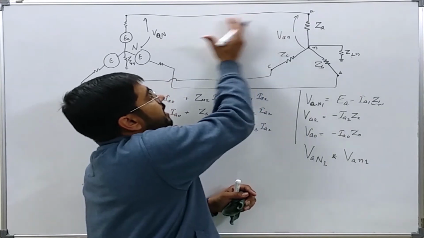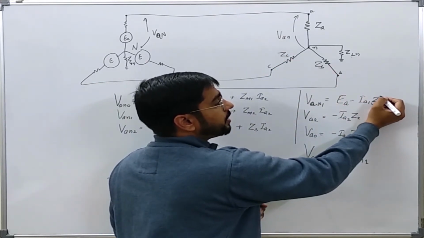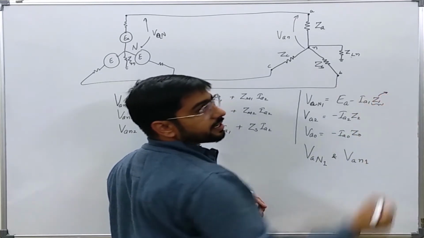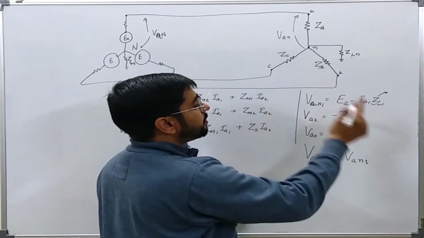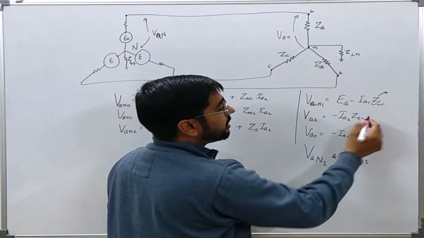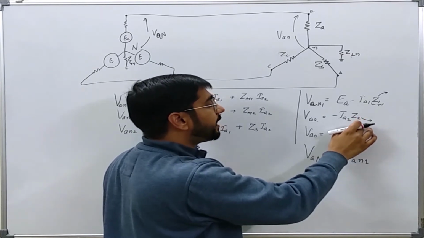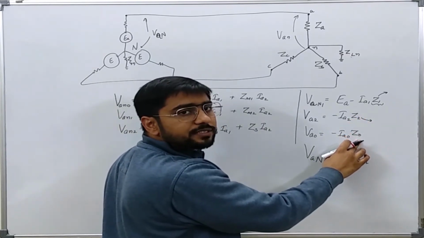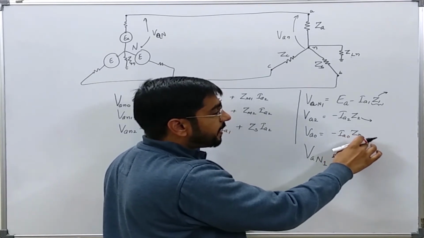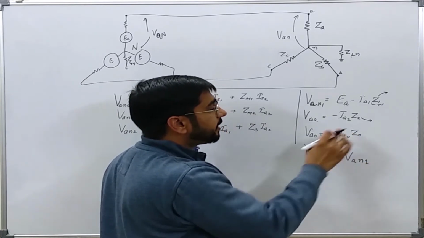Since it is a balanced network up to this point, this Z1 comprises the positive sequence impedance of the generator and the positive sequence impedance of the connecting transmission line. Similarly, this comprises the negative sequence impedance of the generator and of the connecting transmission line. And similarly, it is the zero sequence impedance of the generator plus 3 times ZGN and the zero sequence impedance of the connecting transmission line.